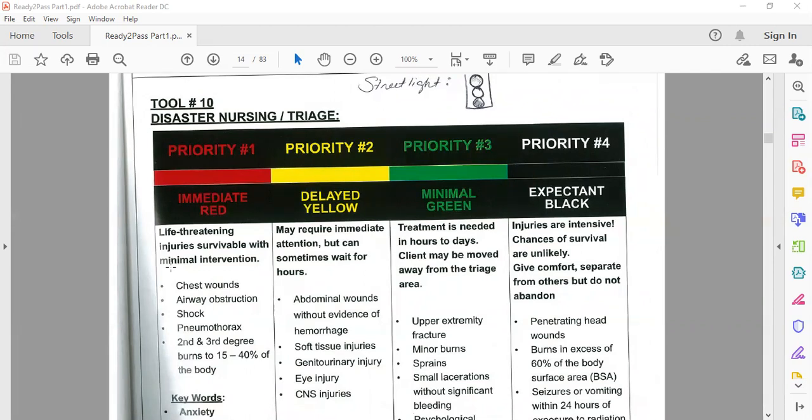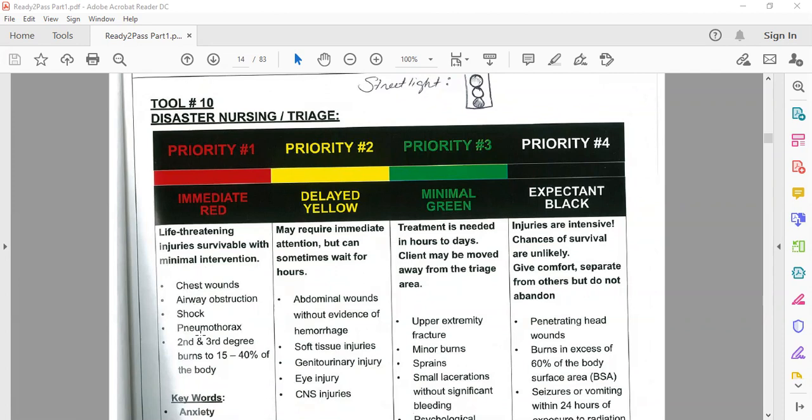Priority number 1 patients are complicated, but they can become stable, but they need your help, right? Examples are chest wound, airway obstruction, shock, pneumothorax, second degree or third degree burn. Another example I want to add is loss of electricity in the whole hospital.